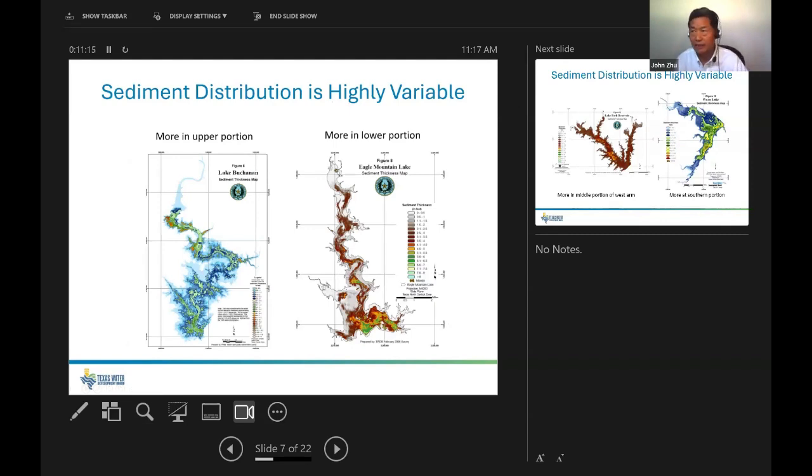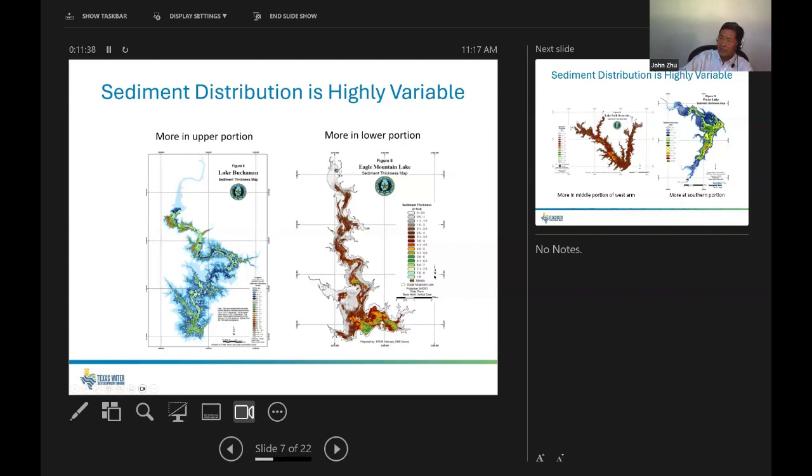So let us see how the sediment is distributed in reservoirs in Texas. I just picked several common examples. First is Lake Buchanan in the upper or middle Colorado River basin.